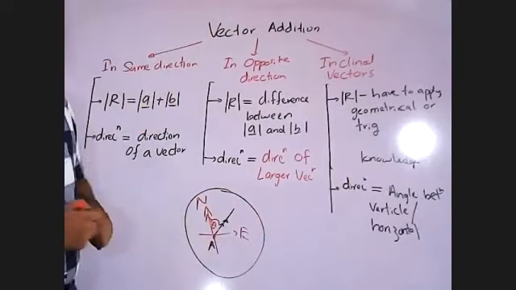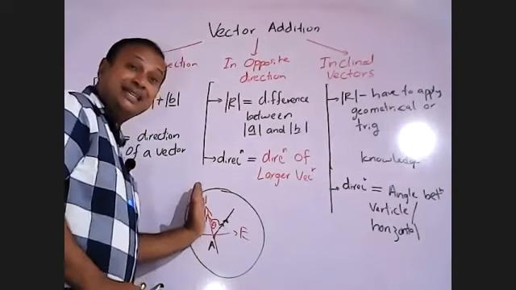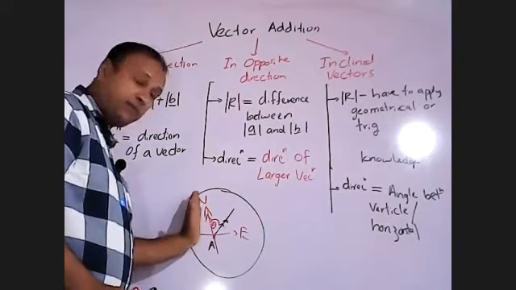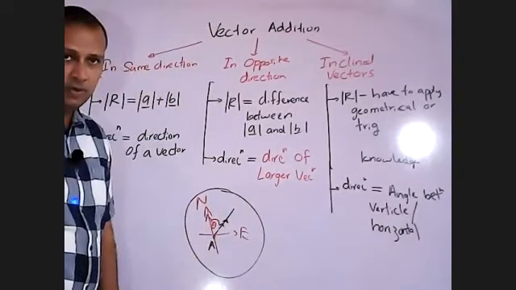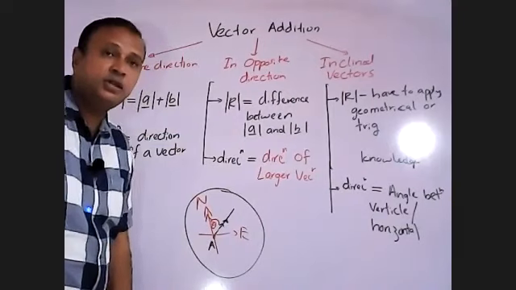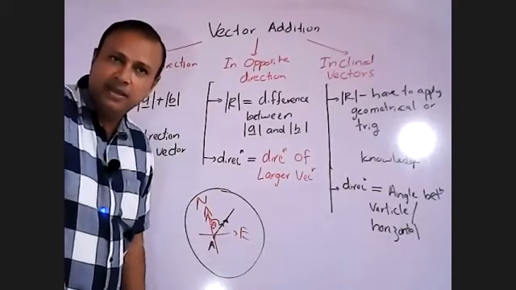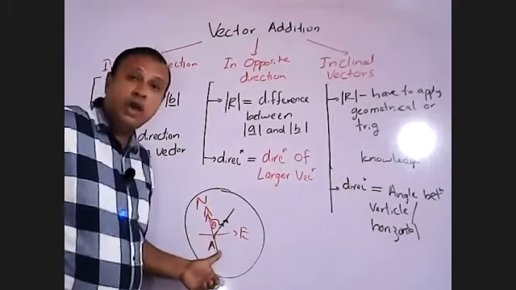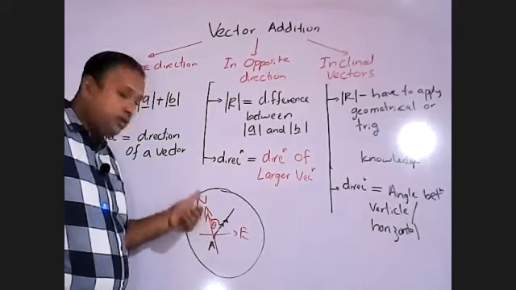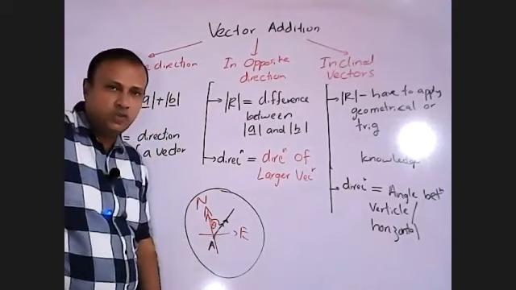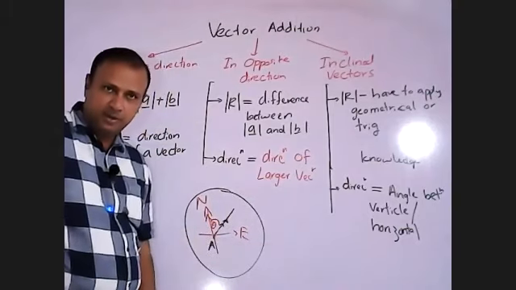You are moving from point A in the direction of theta angle from north to east. Okay, that is how you define the direction of moving. You have to have an exact point and a non-direction. Otherwise, you cannot define a direction.